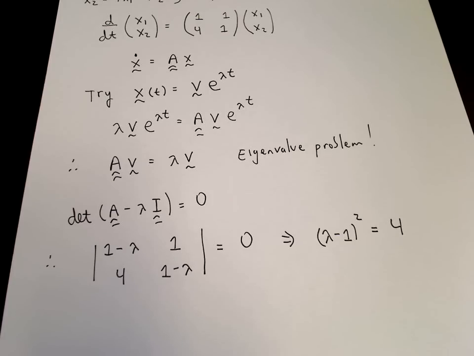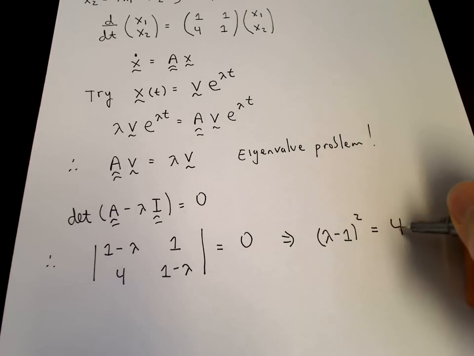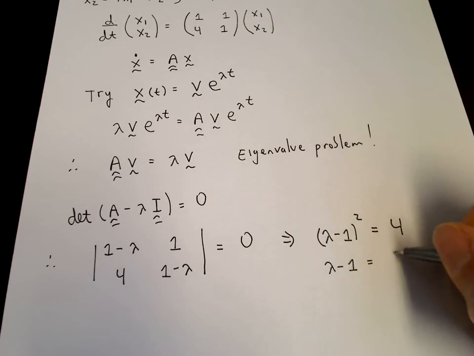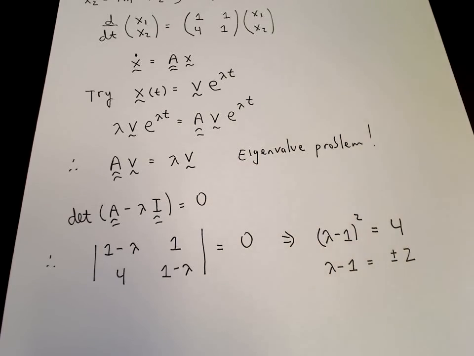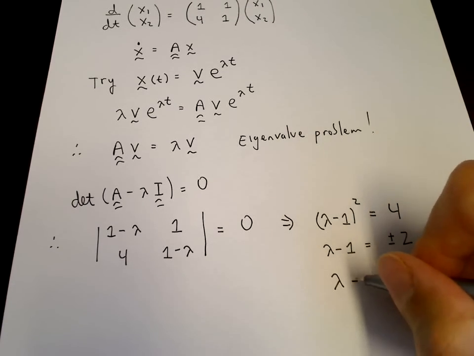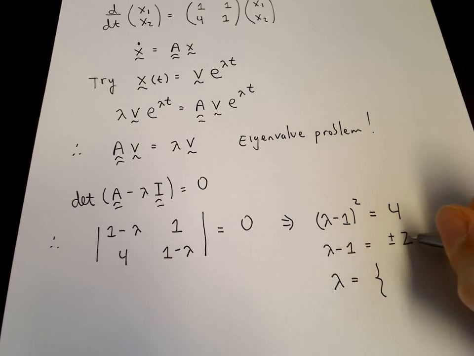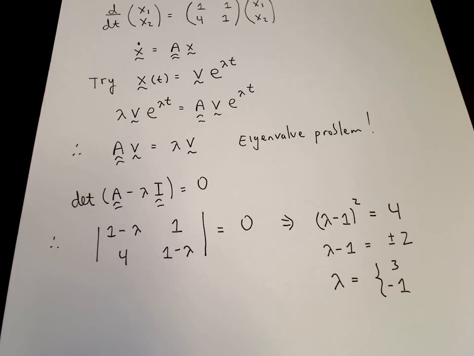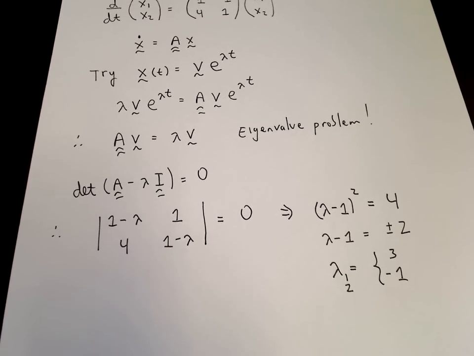And then we can solve this by taking the square root. So we have lambda minus 1 equals plus or minus 2. And then we get lambda equal to 2 plus 1, 3, and minus 2 plus 1, minus 1. So we have two roots of this characteristic equation, so we can put a subscript 1 and 2 on that.